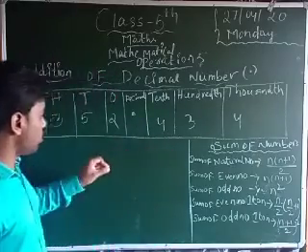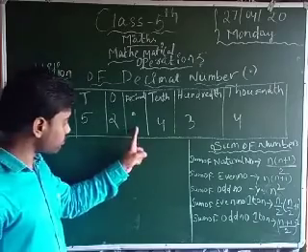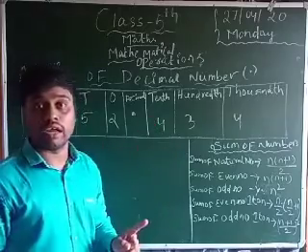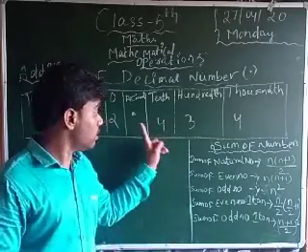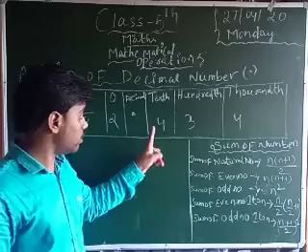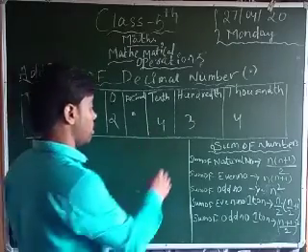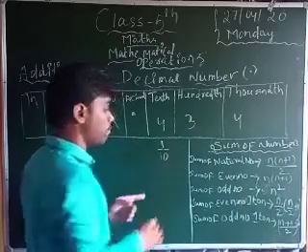After the dot, the places start from the tenths place, not tens. Tenths means divided, 1 by 10.